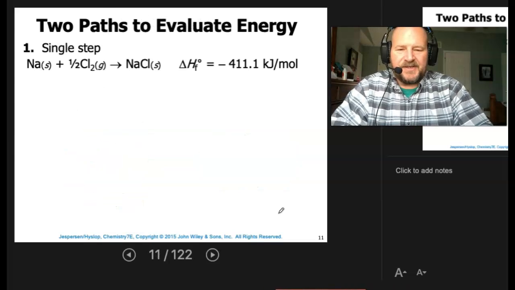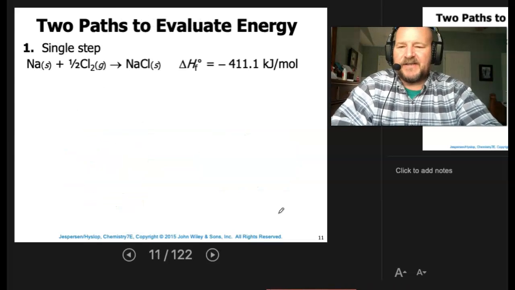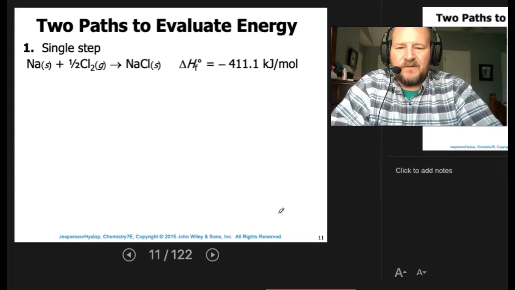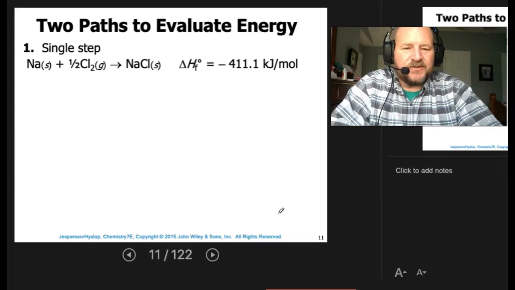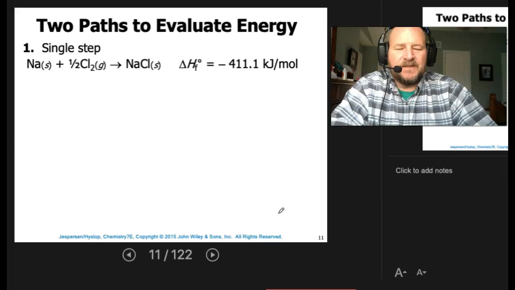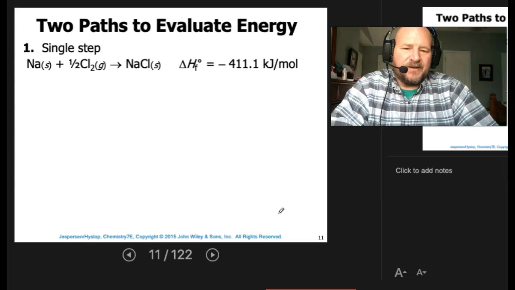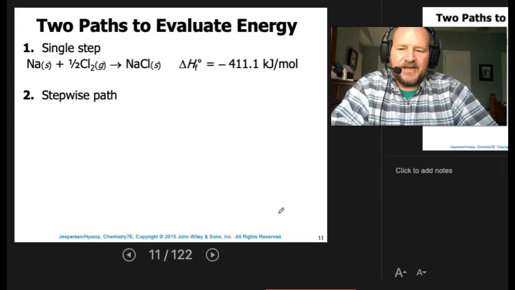So there's a single step idea here where we can take a sodium, we can react it with half a chlorine, we get sodium chloride. We know the delta H of formation is measured to be negative 411.1 kilojoules per mole. Now the second way we can look at this and evaluate the energy is to look at the different steps that have to take place.